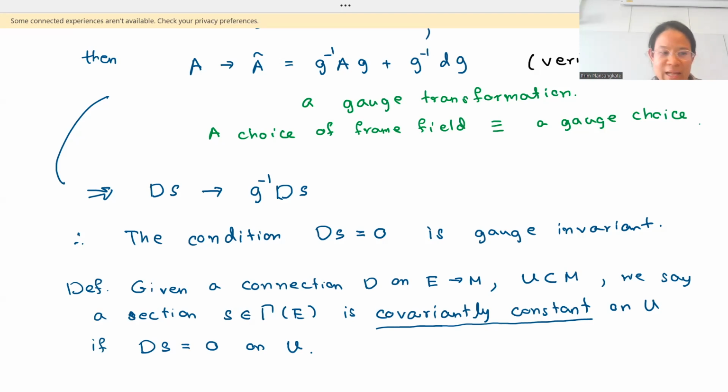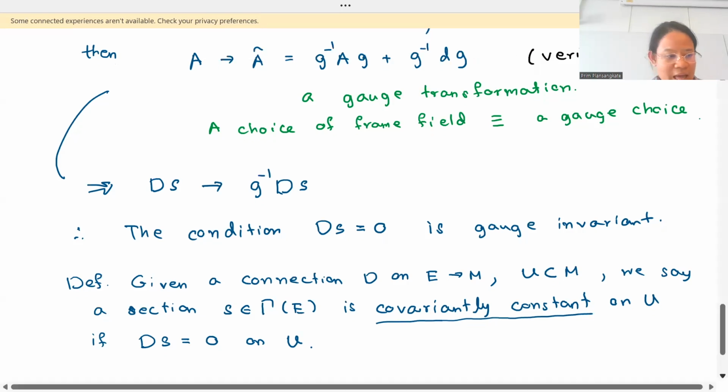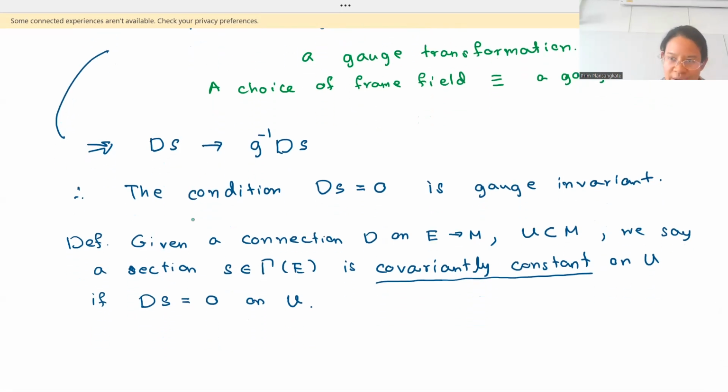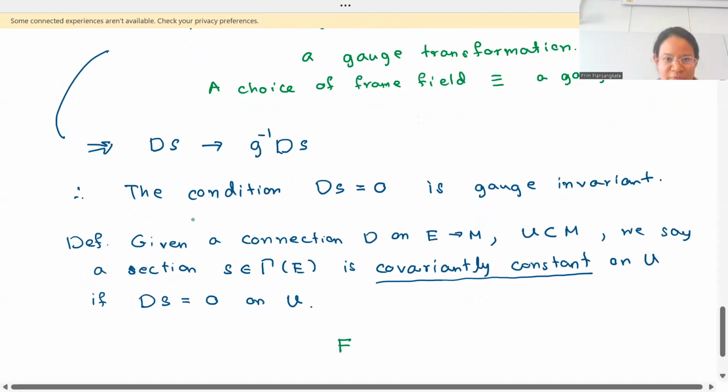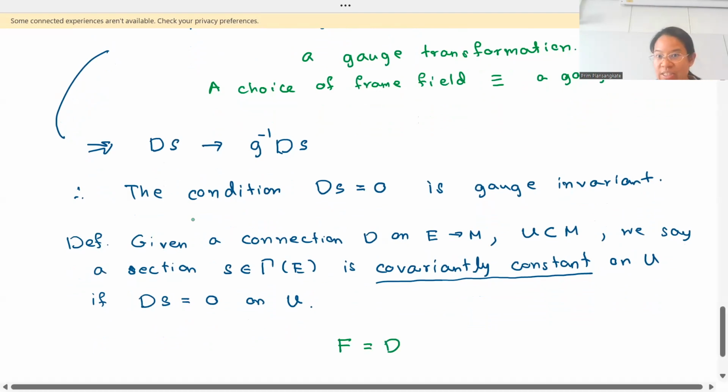So now let me try to define the anti-self-dual Yang-Mills equation. But to define it, I will need to define the curvature of a connection. Now let me just jot it down roughly that the curvature, which we denote F, of a connection is actually d squared, because the connection is an operator.